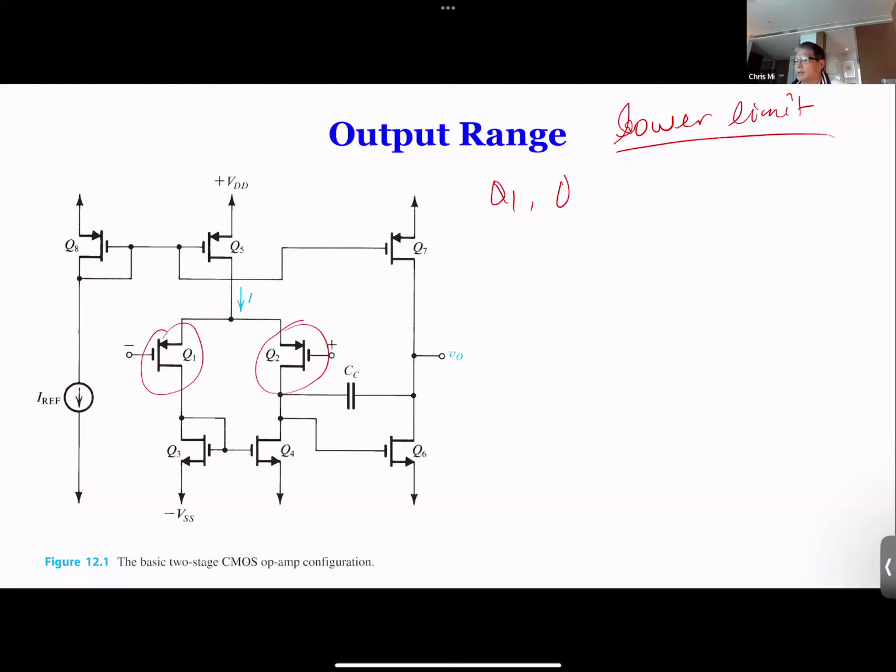So Q1 and Q2 must be in saturation. Remember, this is a PMOS, so we're going to write VOV in the form of absolute value.